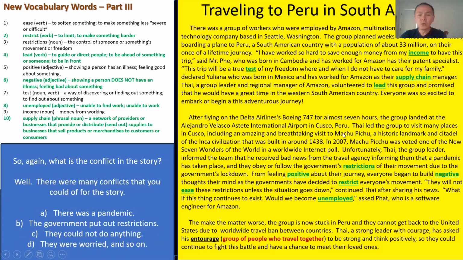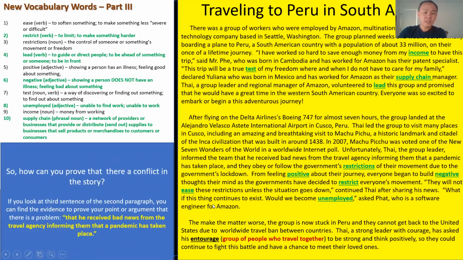Again, what is the conflict in this story? What is the problem? In this story there were many conflicts. The narrator mentions a pandemic. Because of the pandemic, the narrator talks about government restrictions, and when you have restrictions you cannot do anything. The people were worried, and so on. There were many conflicts, not just one. How can you prove there's a conflict?